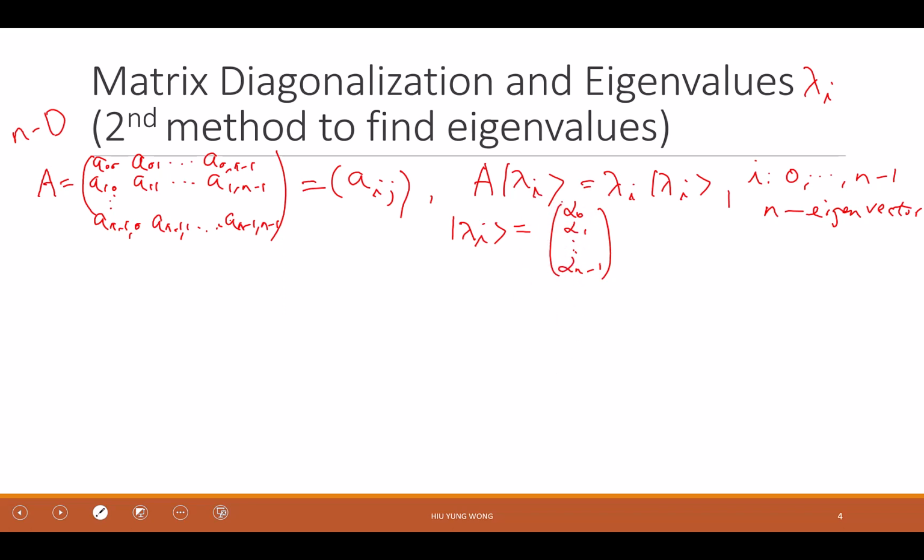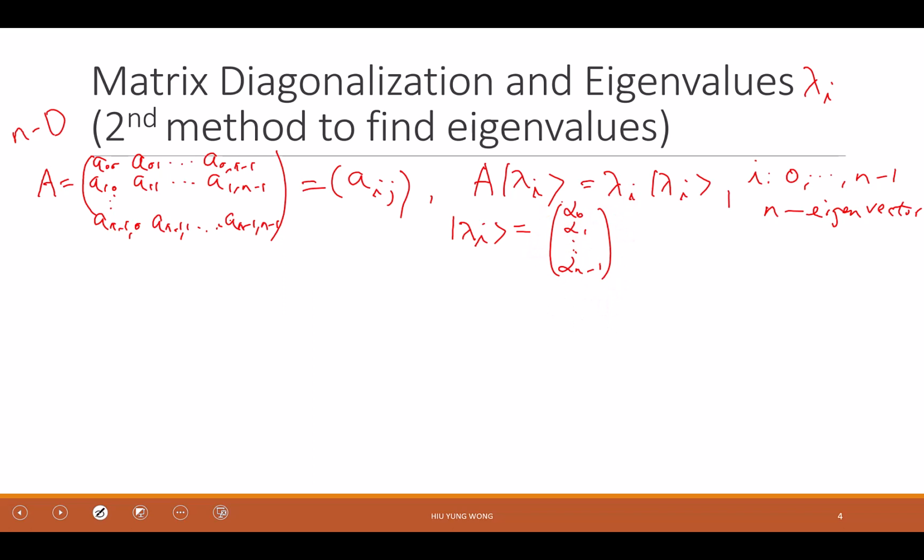Is this clear? Alpha 0 to alpha n minus 1, what are these? Yes, they are complex numbers, they are scalars. We're filling up with some number here, and the whole thing is a vector.